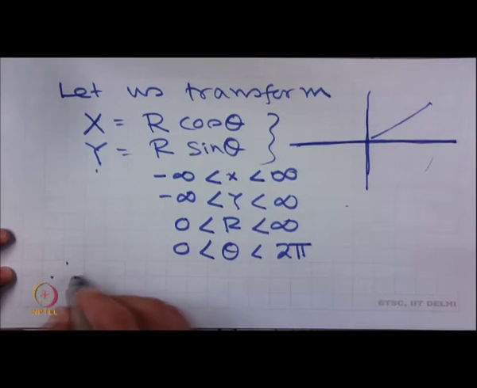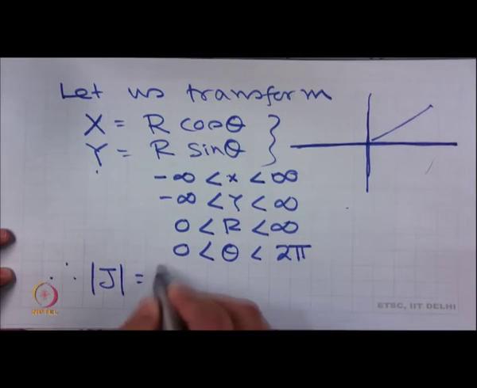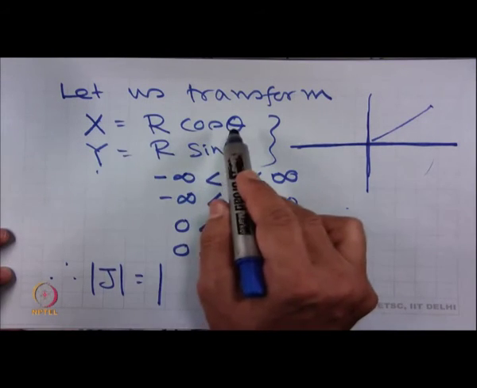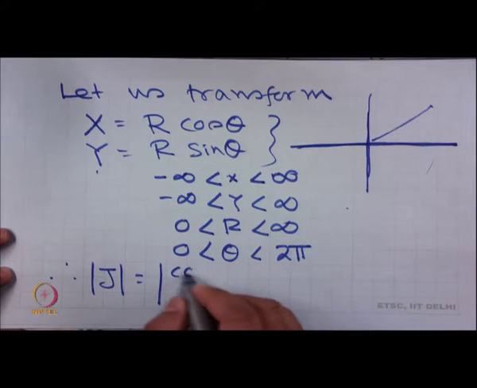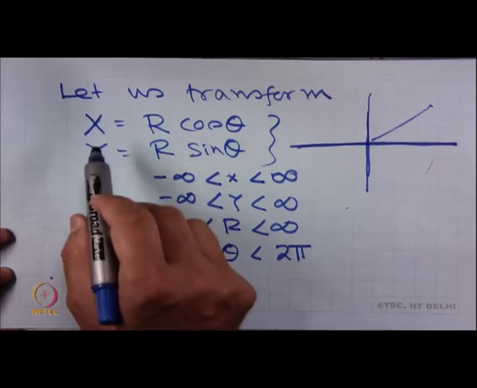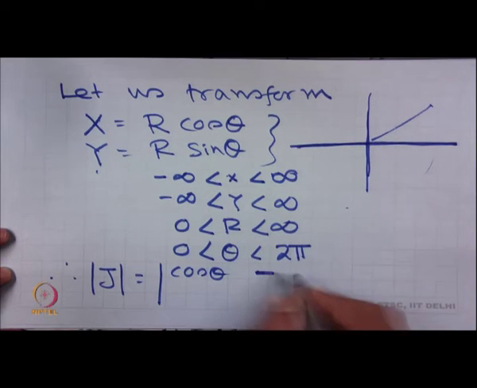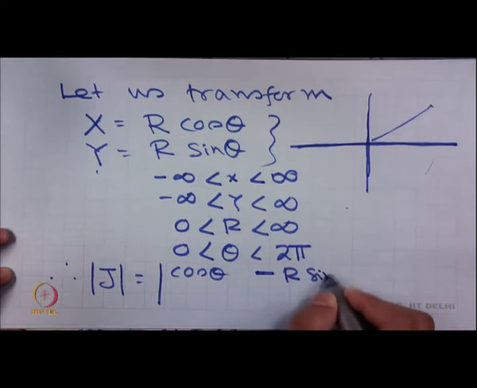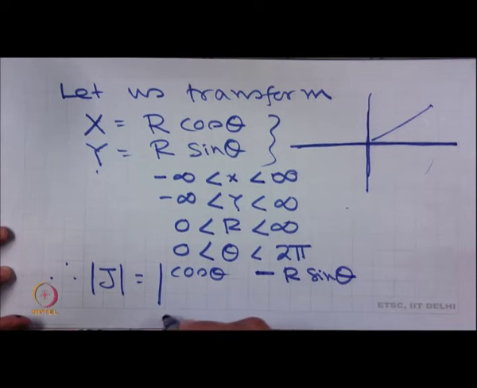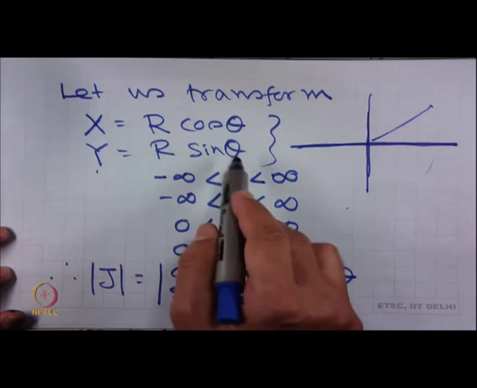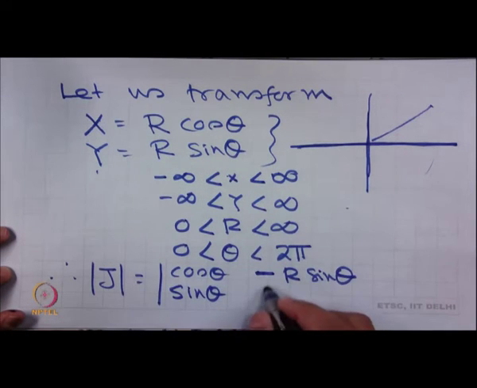Therefore, the Jacobian of transformation is equal to dx dr, which is cos theta, dx d theta, which is minus r sin theta, dy dr, which is sin theta, and dy d theta is equal to r cos theta.